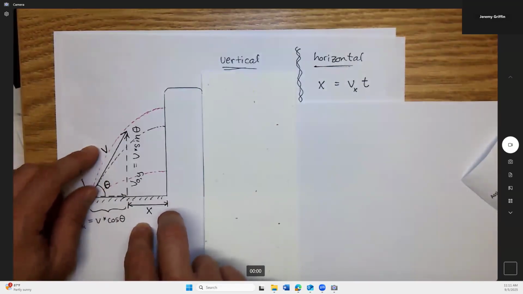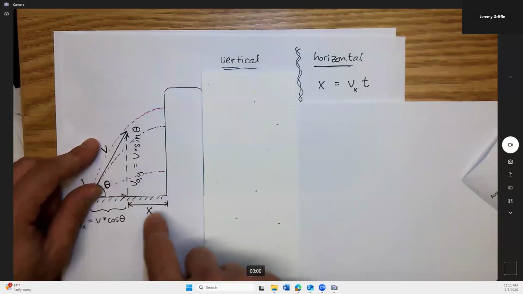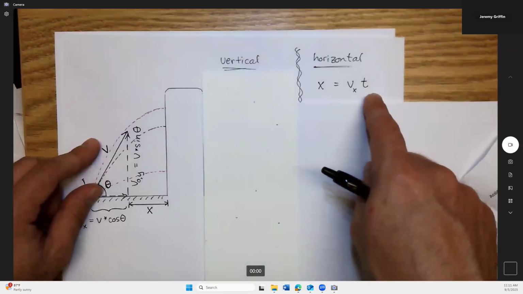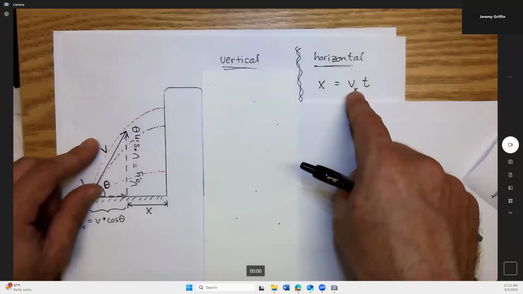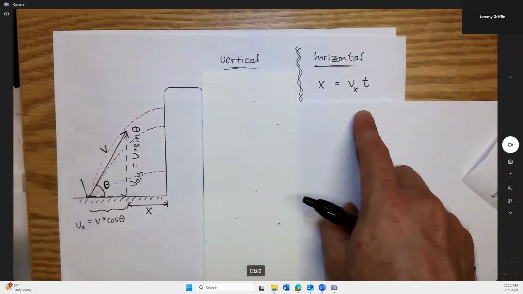What's a variable that I did not mention? If I pointed at x, v, and theta, what variable do you not see? Time, which is maybe a hint that you want to substitute out the time. Does that make sense? Because if time has to show up in this equation, but it doesn't show up in the answer, do you think you have to substitute it out at some point? Make sense?